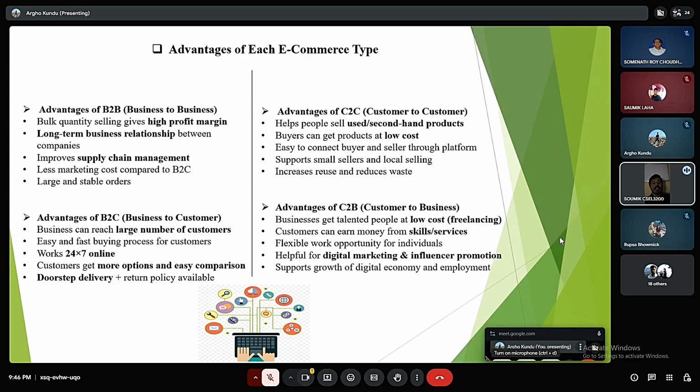C2C allows selling used goods, offers low-cost products, connects buyers and sellers easily, supports small sellers, and reduces waste. C2B provides low-cost talent to businesses, helps customers earn from skills, offers flexible work, supports digital marketing, and boosts the digital economy.